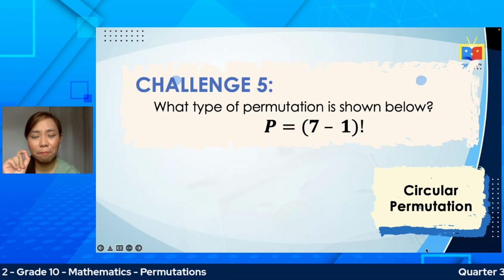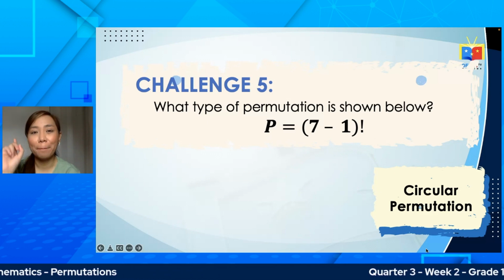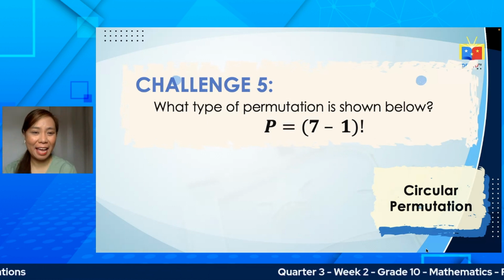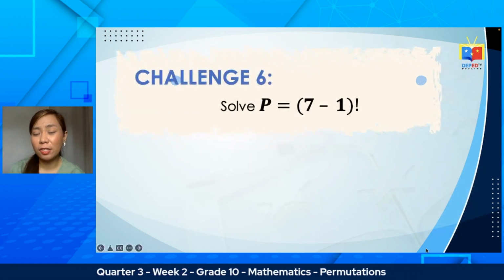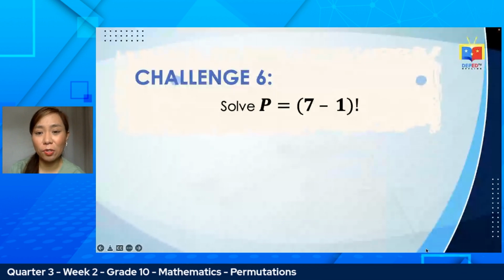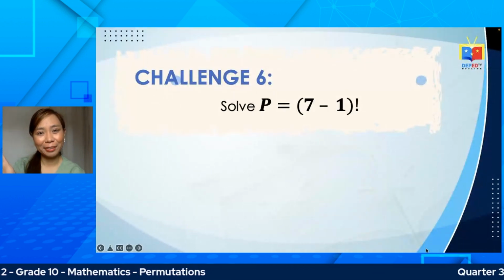Don't forget the fixed point. That's why we have minus 1. Now, for challenge 6, solve P equals the quantity 7 minus 1 factorial. Go!